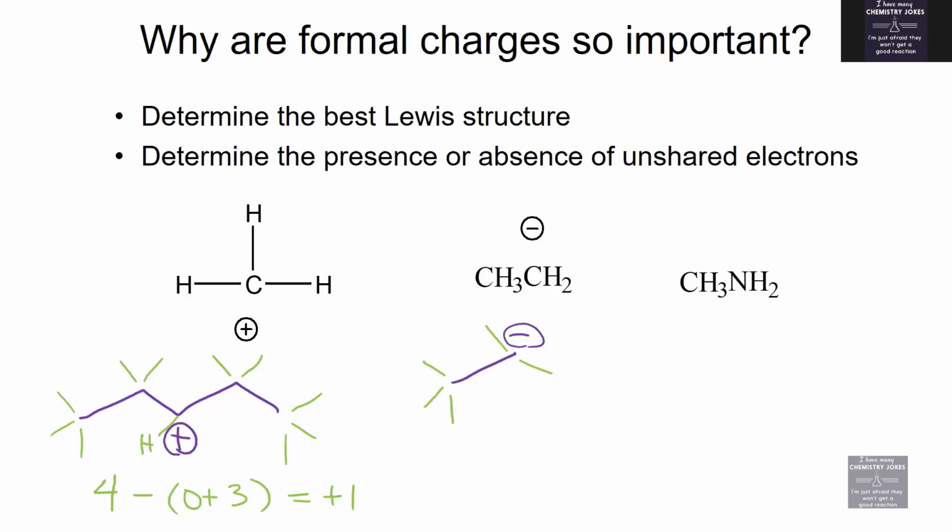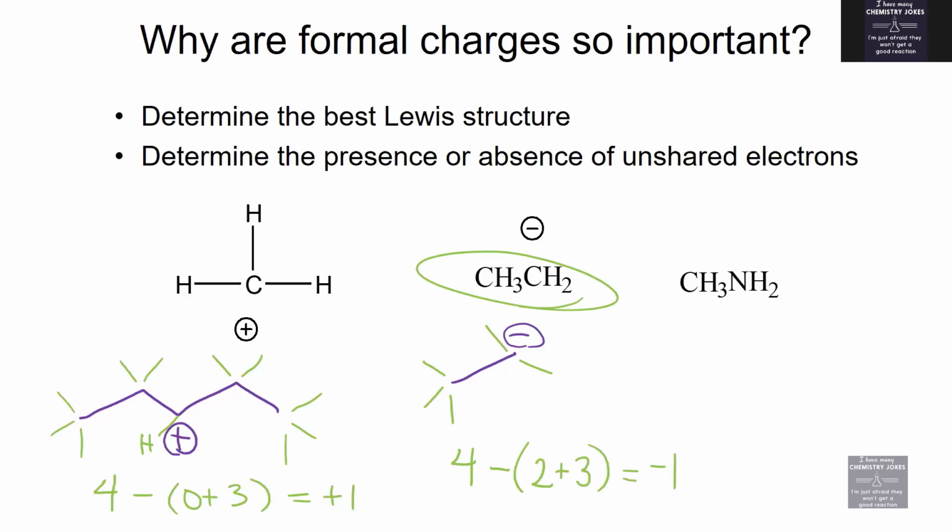The reason I know that is because this is the molecule that I just drew. But if I did my formal charge formula, 4 is carbon's group number. I need to have a -1 formal charge. Carbon can never make 5 bonds, so it must be making 3 bonds and have 2 electrons as a lone pair.